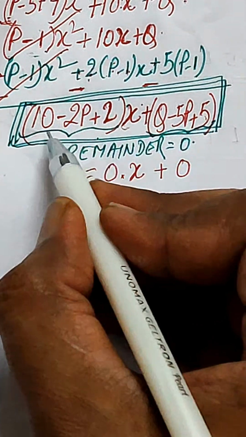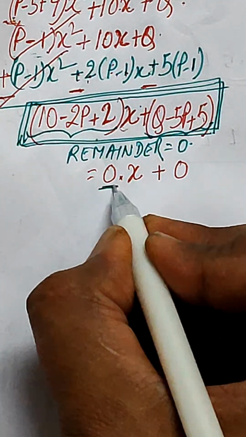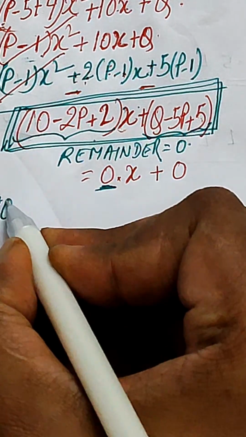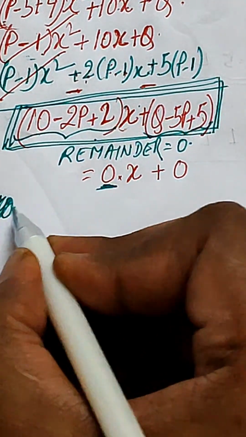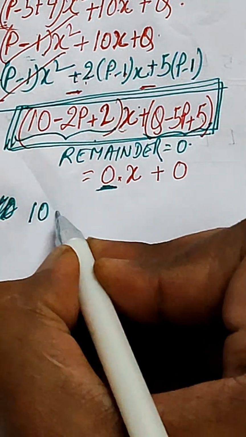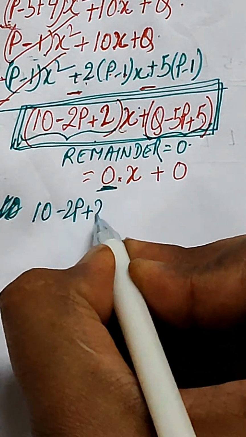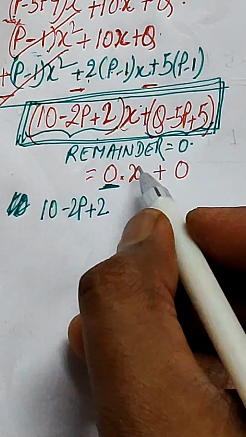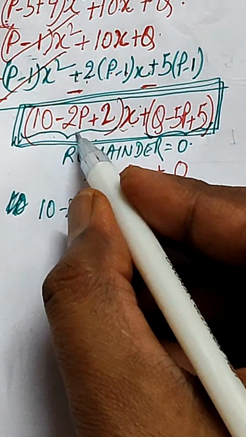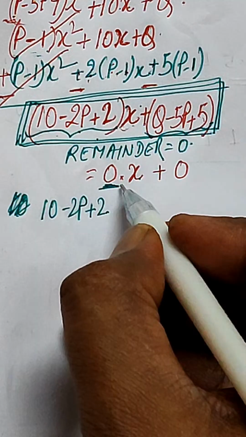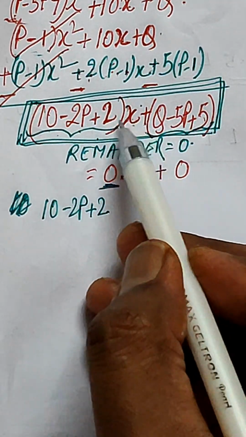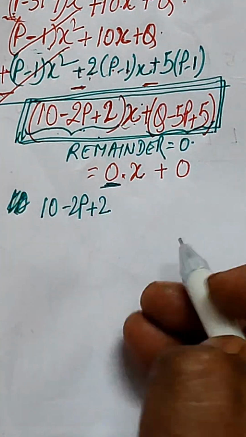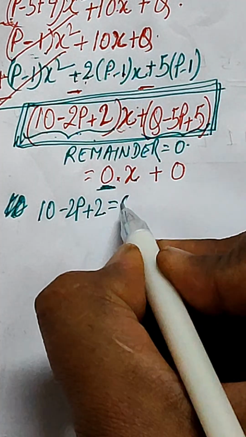And here this 0 can be equated with 10 minus 2p plus 2. When you are equating it, the coefficient of x in the LHS will be equal to the coefficient of x in the RHS. So this is equal to 0, right?